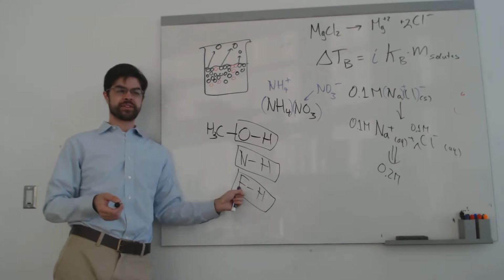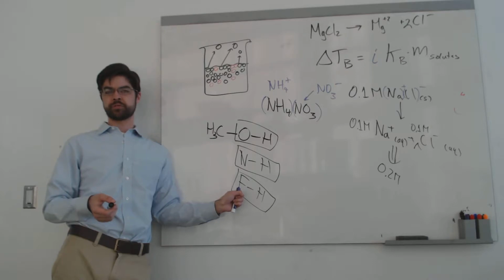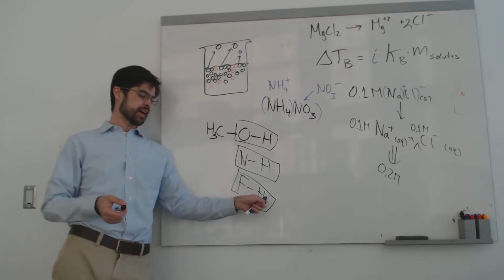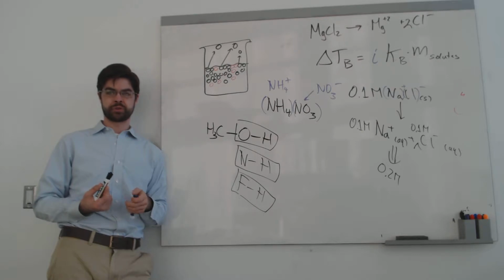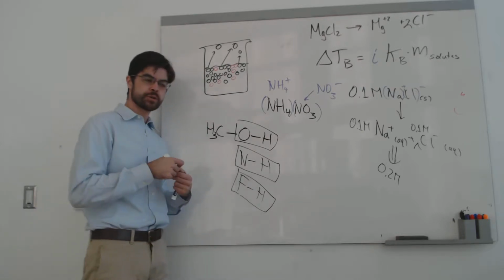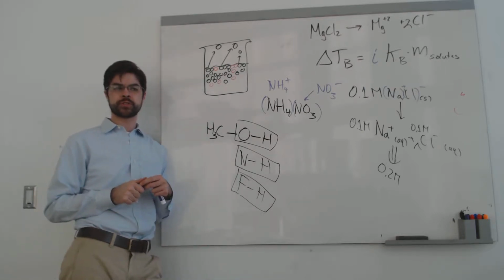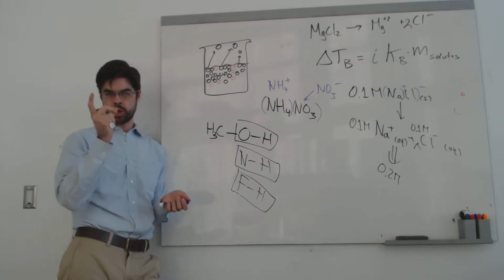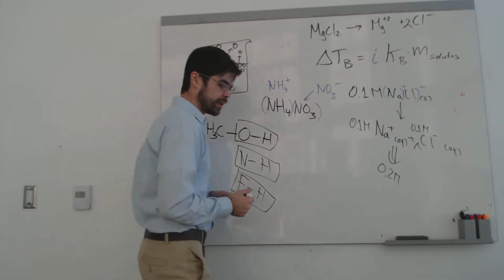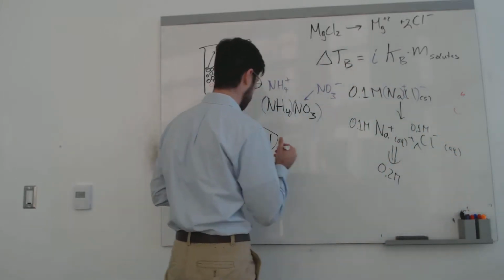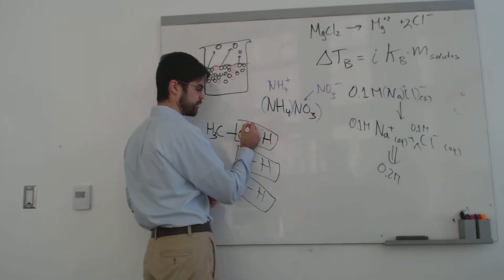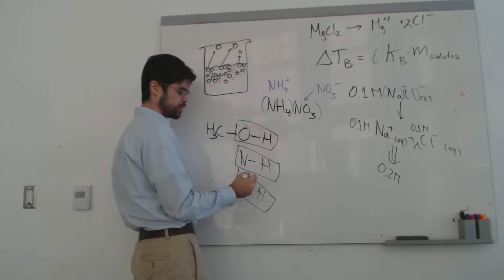And there's no more bonds you can make here. Fluorine only makes one bond to hydrogen, so this is the only compound you can make between hydrogen and fluorine. But basically, hydrogen bonding is a type of intermolecular force that occurs when you have a very, very strong local dipole, because this molecule has a very strong dipole pointing towards the oxygen.